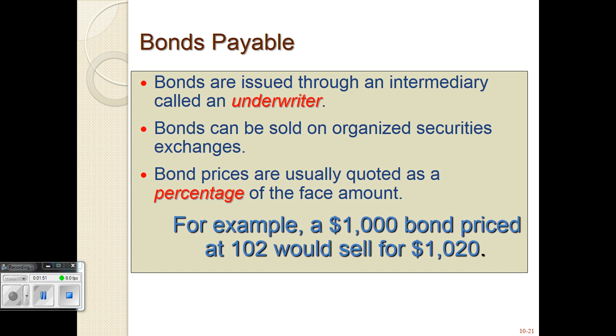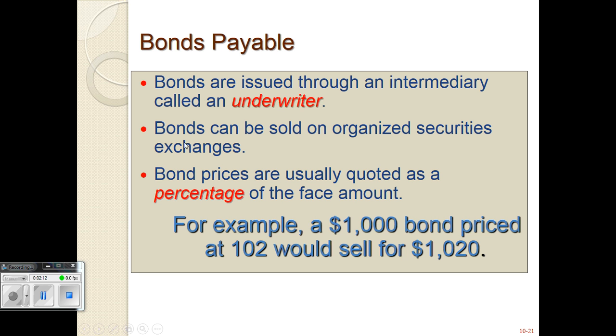They're typically issued through an underwriter. You can usually buy them on the New York Stock Exchange. Bonds like GM and so on are sold on the New York Stock Exchange. And they're quoted as a percentage of par.